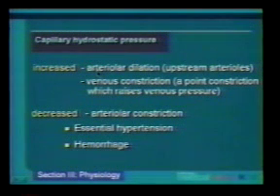If you dilate the arterioles, then you will get an increase in capillary pressure, and that will increase filtration. A perfect example would be an exercising muscle. In an exercising muscle, you have dilated the arterioles, therefore capillary pressure is elevated and filtration increases.